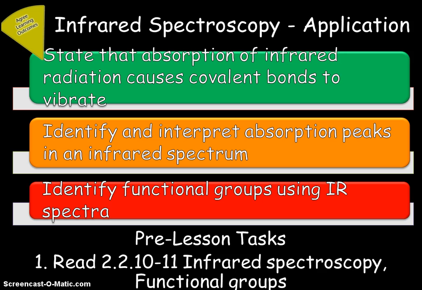So we need to understand why infrared spectroscopy works, how it works, and then we look at the spectra that get produced, and it's really the analysis of that we need to focus on.